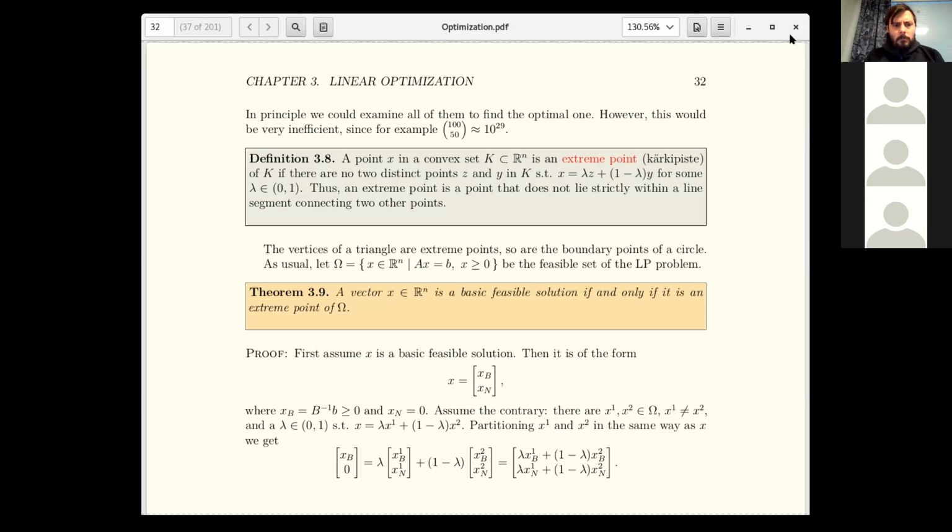So the proof that this is so can be thought of as follows: basic feasible solutions cannot be formulated as convex combinations of other points.